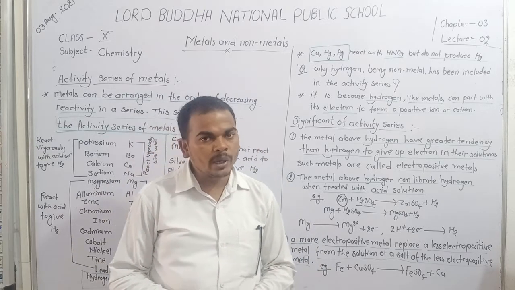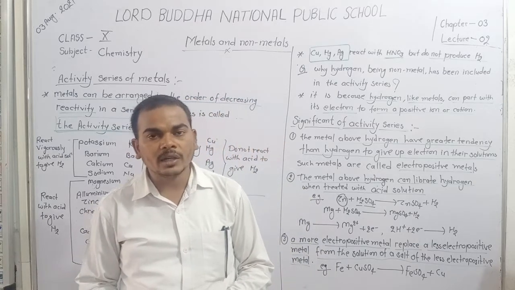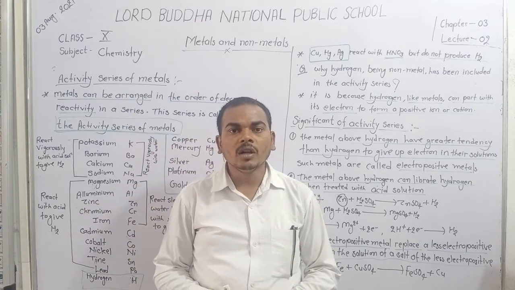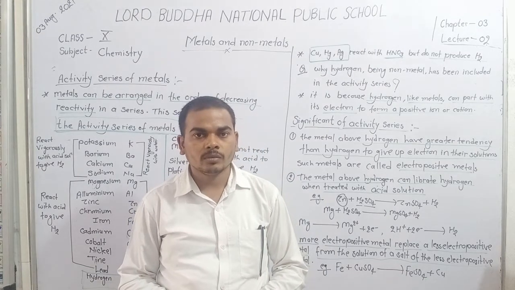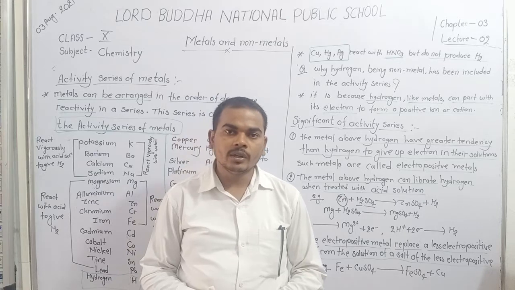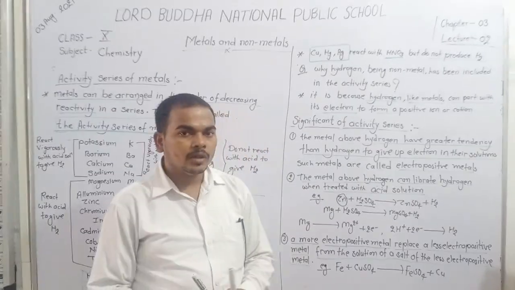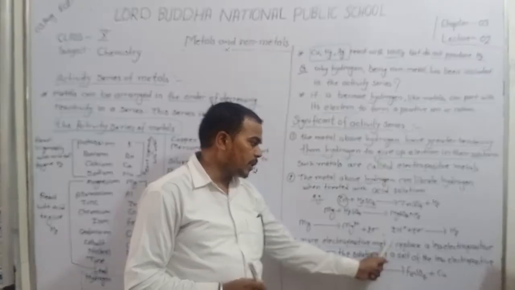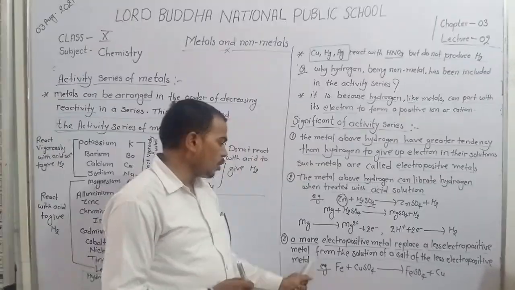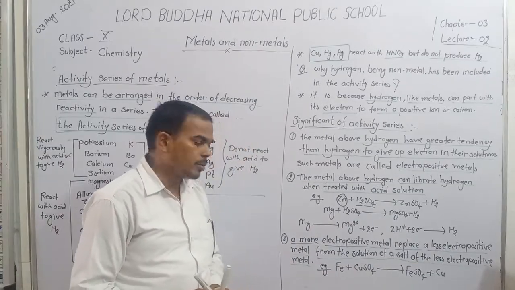In these reactions, more active metals replace less active metals from their solution. The same thing is explained here: a more electropositive metal replaces a less electropositive metal from the solution of its salt.